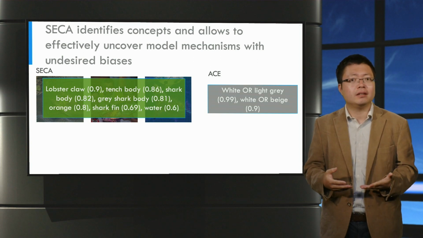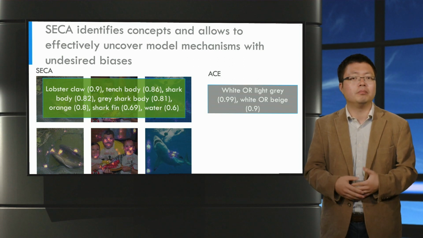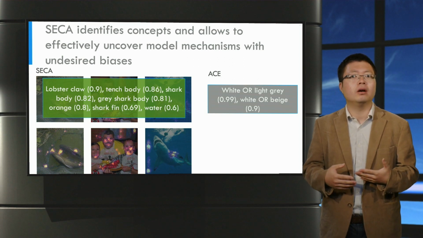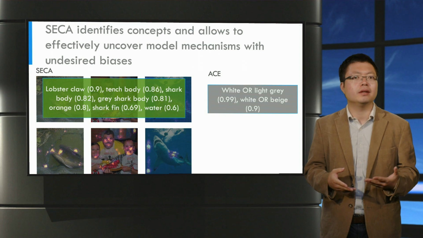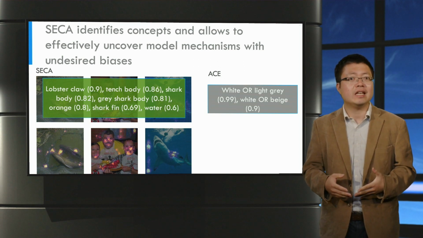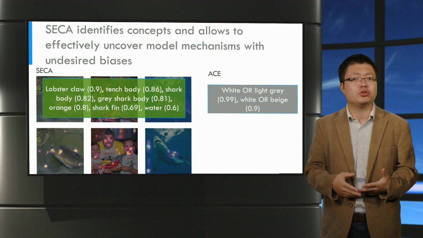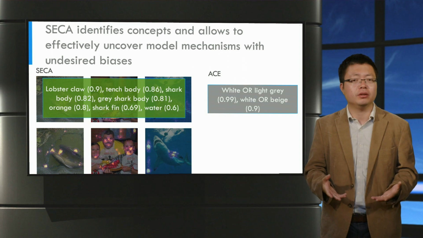Then we injected synthetic biases into the dataset by fine-tuning only on those classes. Since they have spurious background biases, the model mechanisms should rely on such background information.